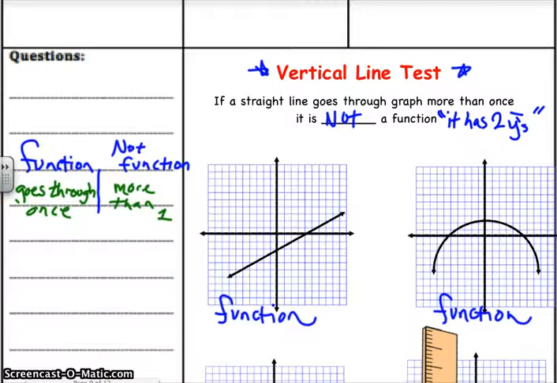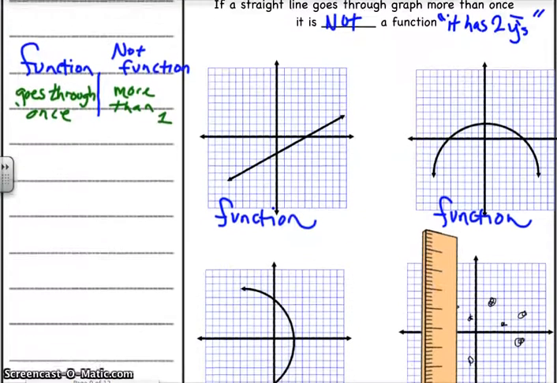So that's all you have to do. If you get confused because you have like 3 on your homework saying use a vertical line test, you don't have to do actual math here. That's the nice part. All you do is just take a vertical line, finger, pencil, whatever you want, and see does it go through at one time or more than one time. Let's just review.